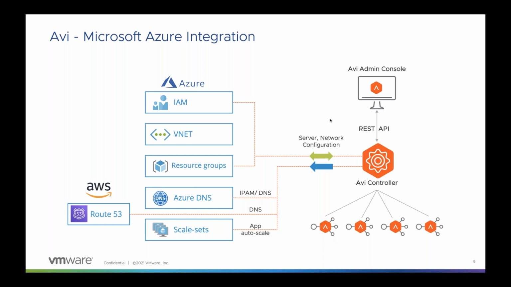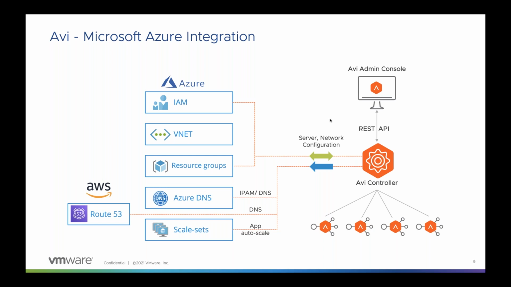Once it has access, it can deploy these service engines, which are smaller compute engines, in the Azure public cloud, in the Azure VNet. In addition, the backend servers could be virtual machine scale sets, could be a virtual machine, of course.